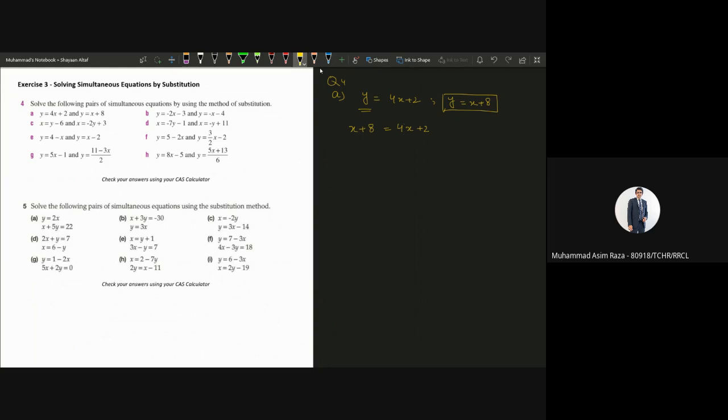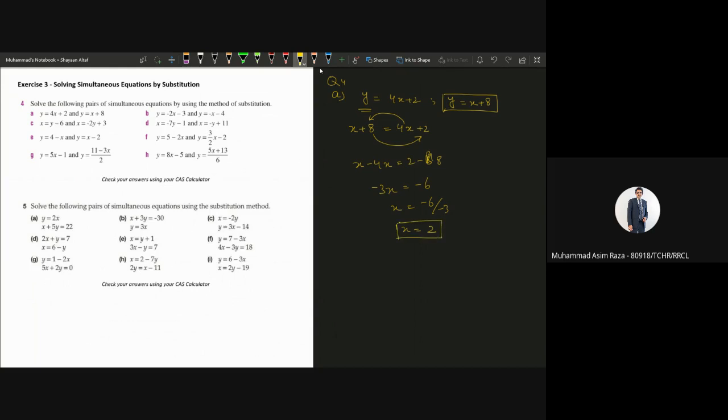You can take 4x onto this side because we are going to find out x: x on one side and all the numbers on the other side. So you have x minus 4x is equal to 2 minus 8. So we will have minus 3x is equal to minus 6 and x is equal to minus 6 over minus 3, and x is equal to positive 2. Negative negative will cancel out.